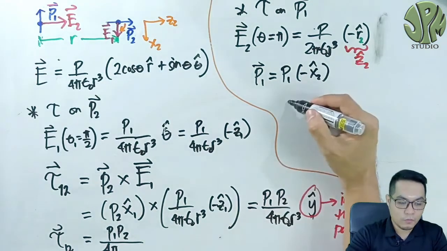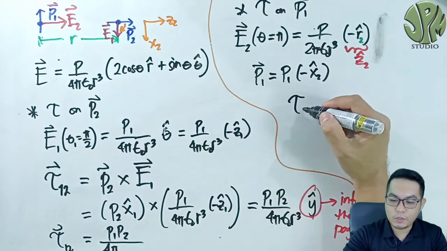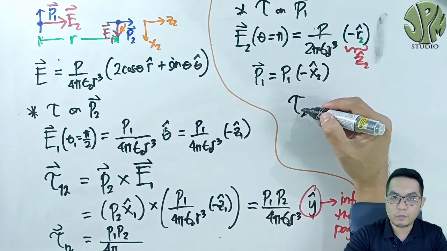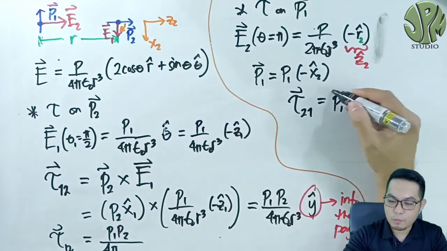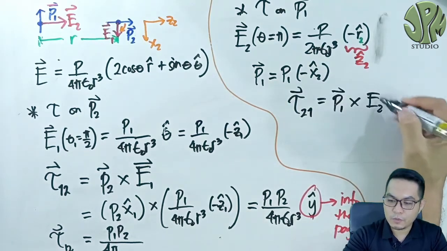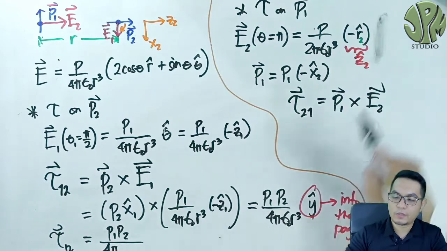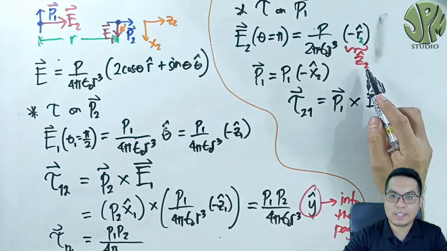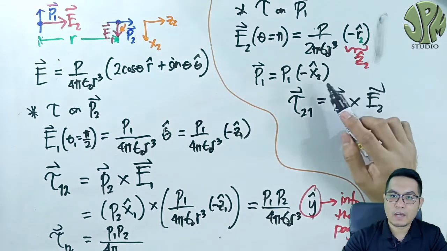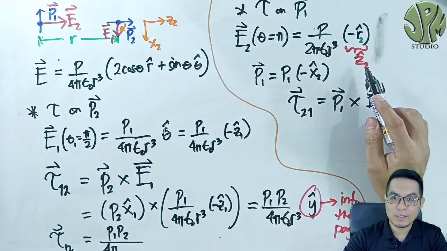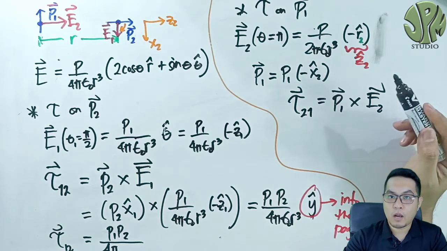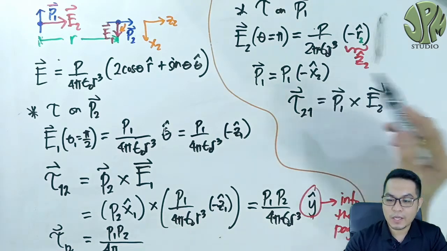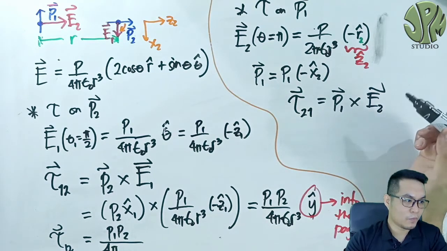So to solve for the torque on P1 due to the torque exerted by dipole 2 on 1, it's just P1 cross P2. So you cross these two vectors, but you now use the Cartesian z. So you will have x cross z, and you will get negative y. There's a negative sign, so you have positive y.